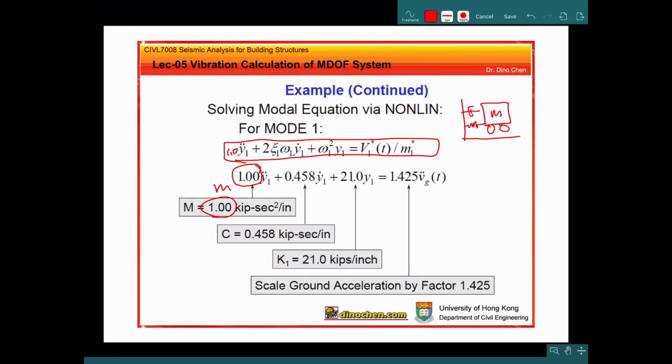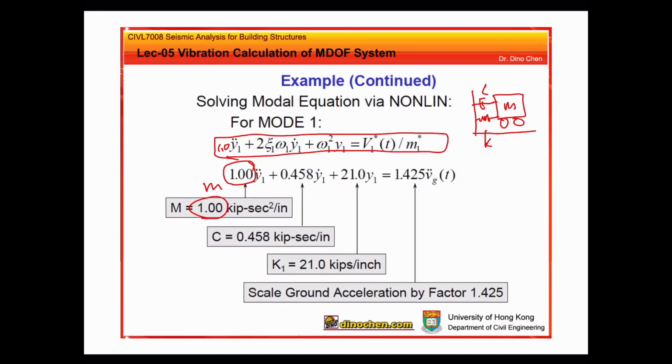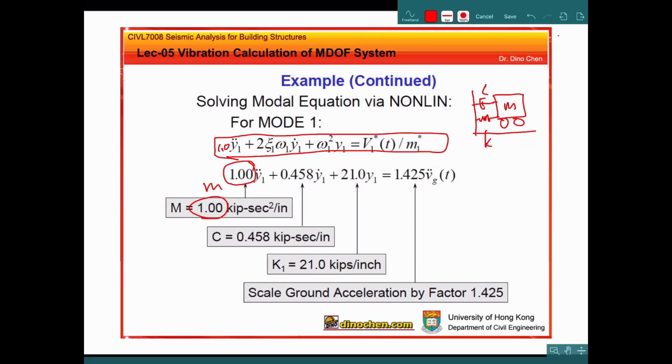We need to know 3 things for this single degree of freedom system. One is the mass, the second one is multiplied by the velocity, so we know that this is the damping constant, and this one is multiplied by the displacement, so this one should be stiffness.